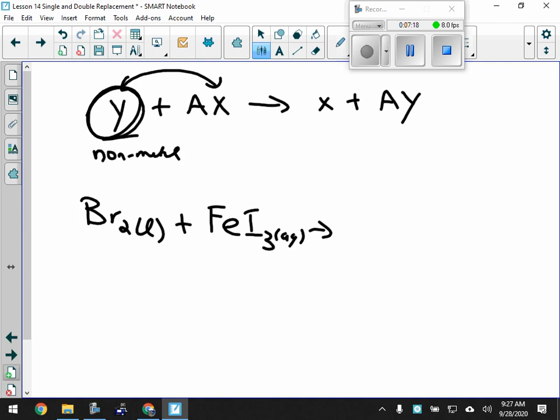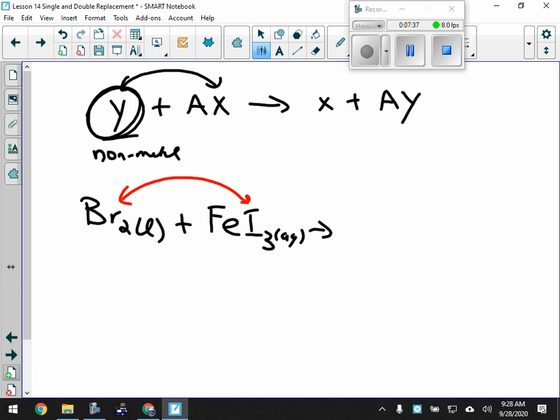So when this takes place, again, non-metal switches with the non-metal. These aren't quite as common, but nonetheless, we need to take the non-metal and switch it with the non-metal. So the iodine has to come out.